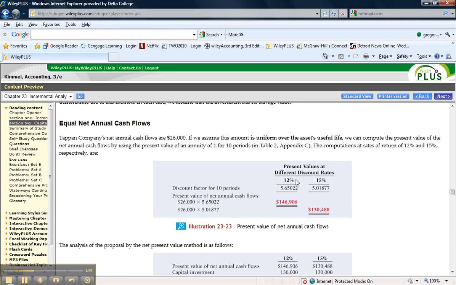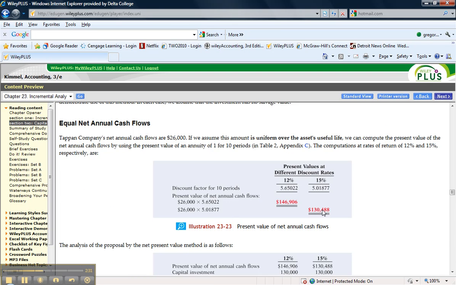They would be mutually exclusive, so either one or the other would apply, but it's just showing you two different rates for sample purposes. You find the factor in the present value of an annuity table, Table 2, Appendix C, for 10 periods at 12%, and that gives you this discount factor. That amount times 26,000 gives you the present value of all of those future cash inflows. At 15%, same thing, just a different factor, and you get this as the present value of the future cash inflows.